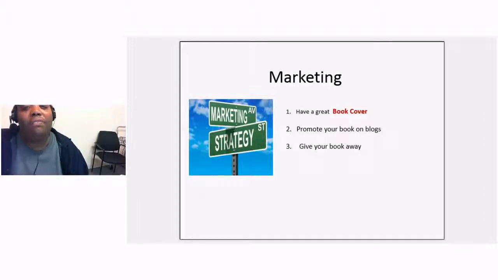You obviously want to communicate with those blogs and ask them to put a link so that they can link back to your book so people can get more information about that subject. And you can also just give your book away. That's a great idea. A lot of people do that. The more people who come in contact with your book can increase your sales.